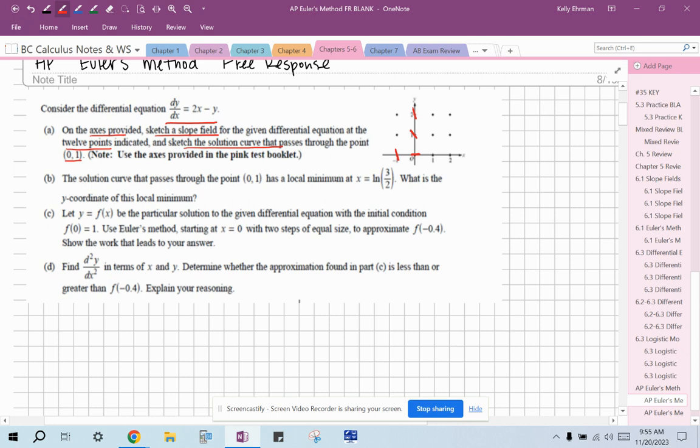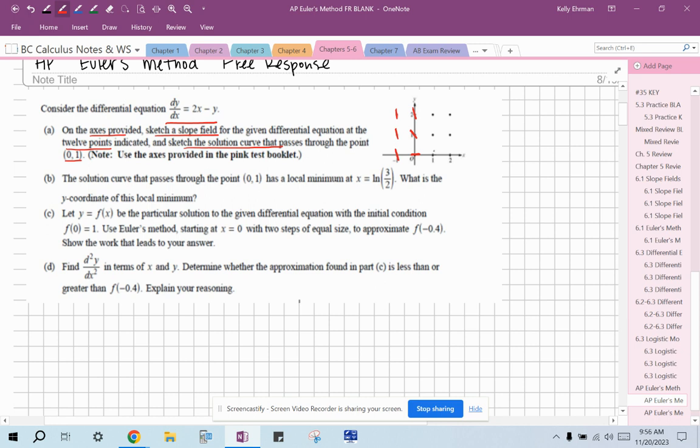Negative 2 plus 1 is negative 1. And negative 2, oh no, sorry. Did my math wrong on that. I should probably be writing this out. Negative 2 minus 1 is negative 3. Negative 2 minus 2 is negative 4. They'll just be looking for slopes to be getting steeper.